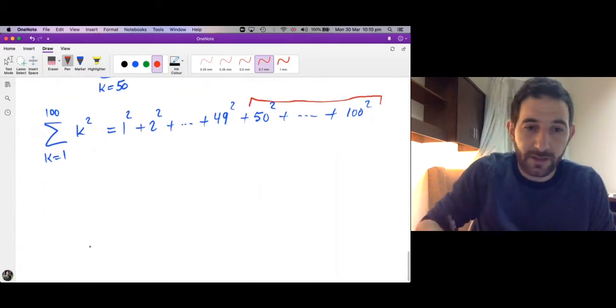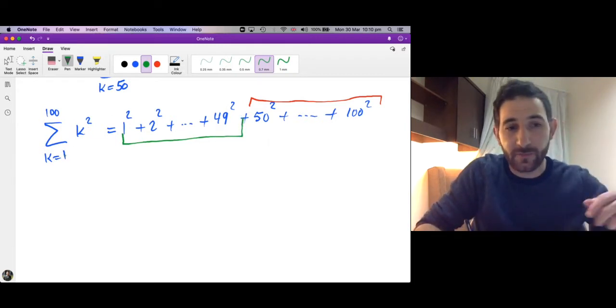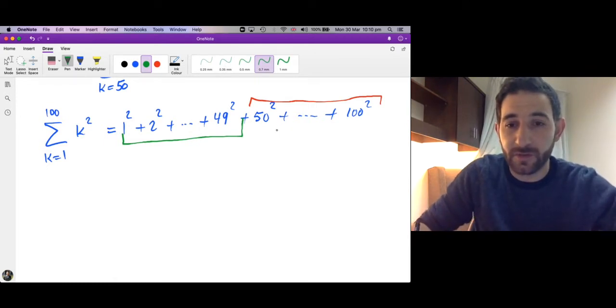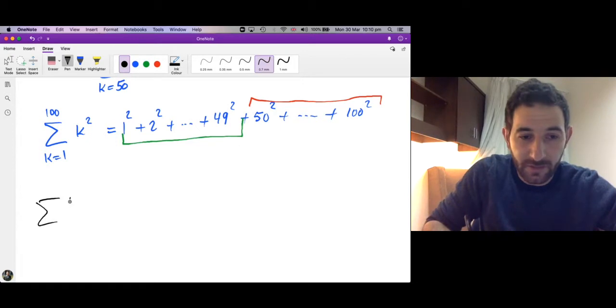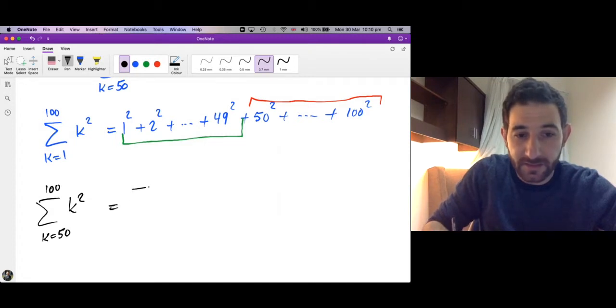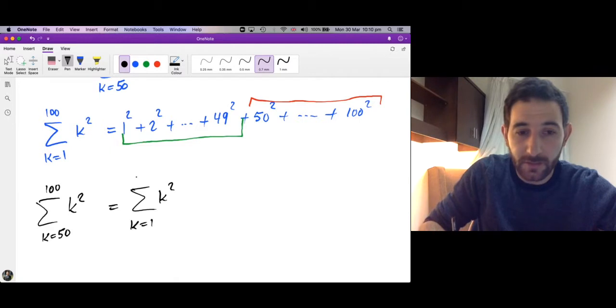So you see that we have to remove this part from the summation of k squared, where k ranges from 1 to 100, to get the red part, the wanted part. So this means that the summation of k squared, where k starts from 50 and ends at 100, is the summation of k squared, where k goes from 1 to 100.